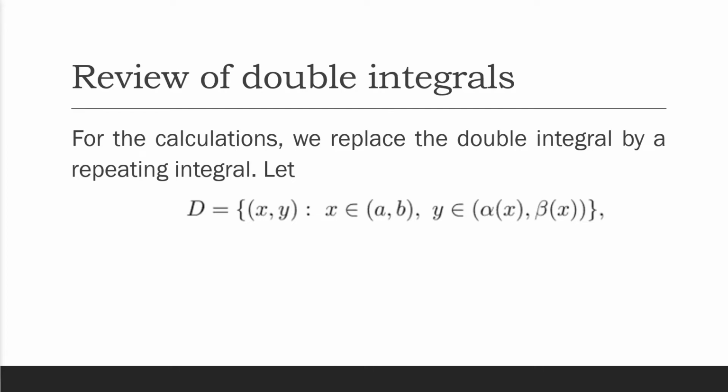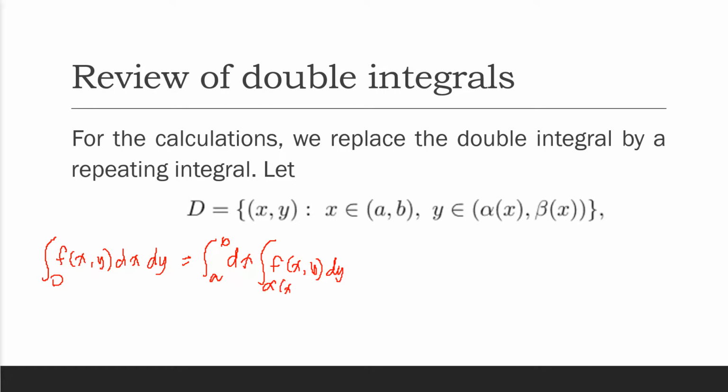If that is the case, then we have the integral of f of xy dx dy on D, which is equal to the integral of dx from a to b, and then the integral of f of xy dy from alpha x to beta x.